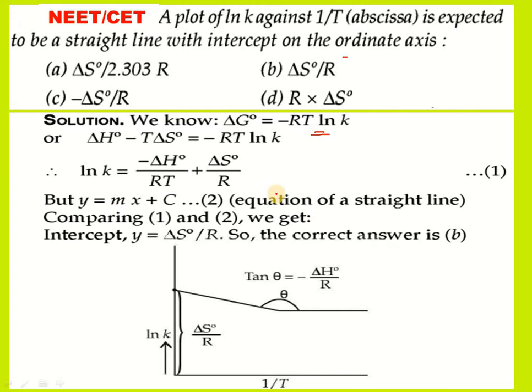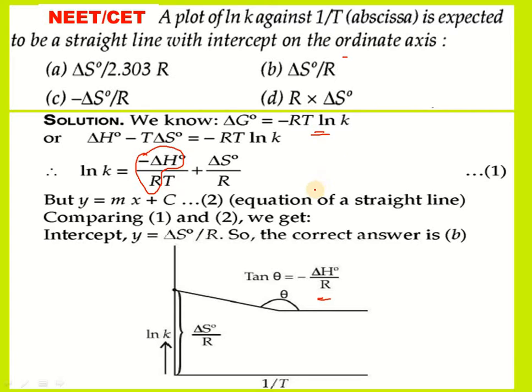Comparing with y is equal to mx plus c, in this equation we are considering c is equal to delta S naught by R. So that means the slope, tan theta, is minus delta H by R. So in this expression, a straight line is obtained with the intercept on the coordinate axis.